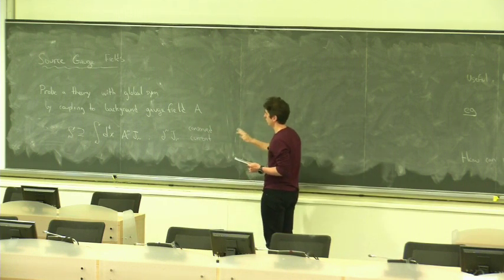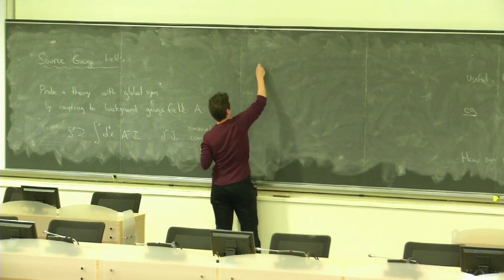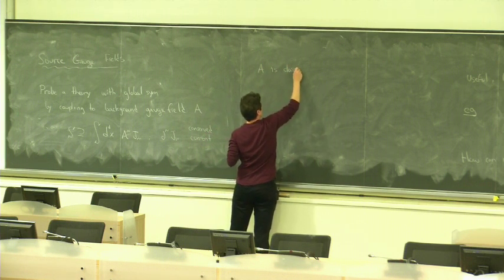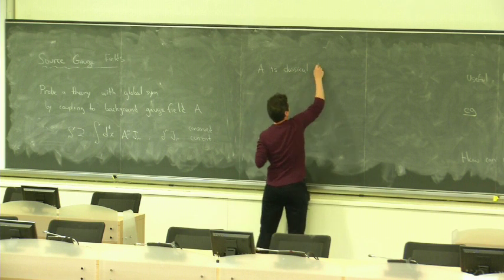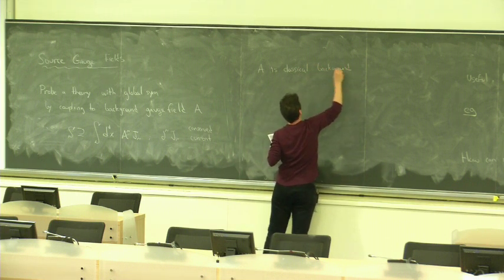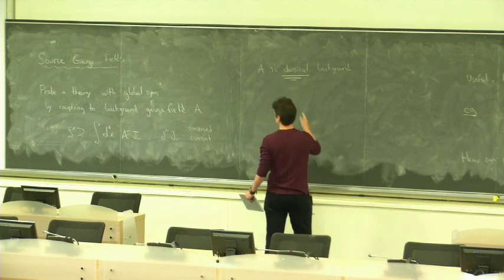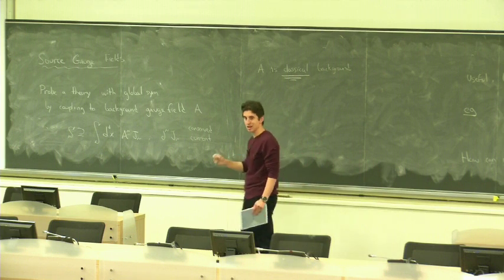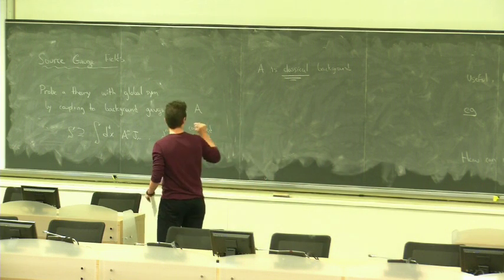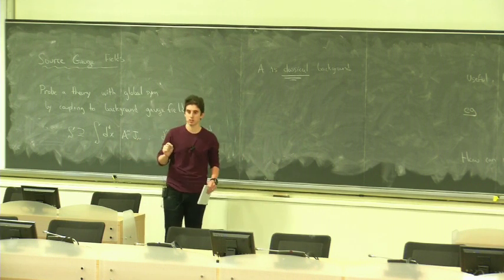Now, in this discussion, A will be a classical background gauge field. That cannot be stressed enough. What that means, the word classical here, means that it is not summed over in the functional integral. So A is introduced as a classical source that couples to J, but we do not do a path integral over it.